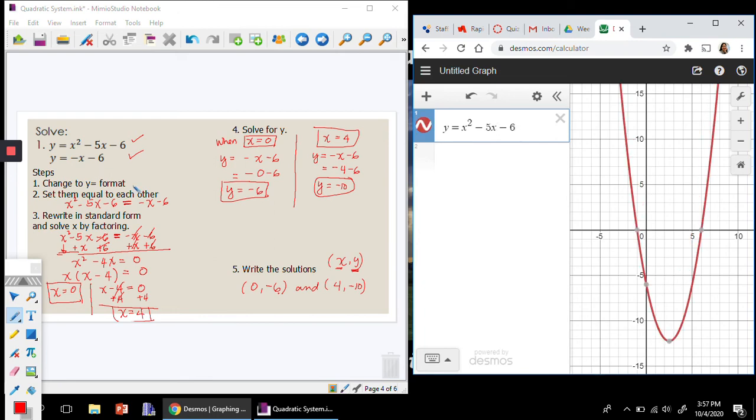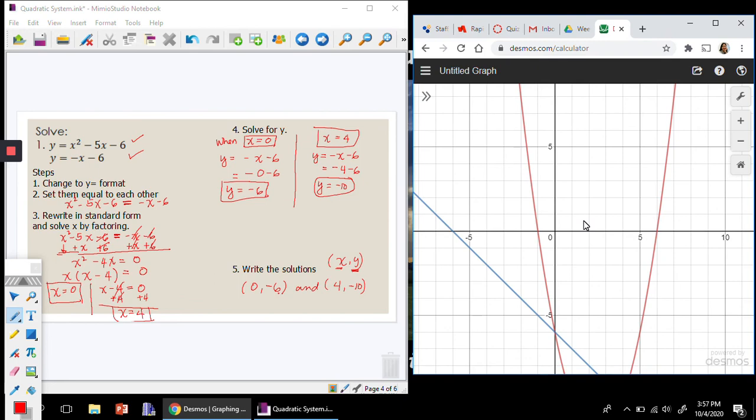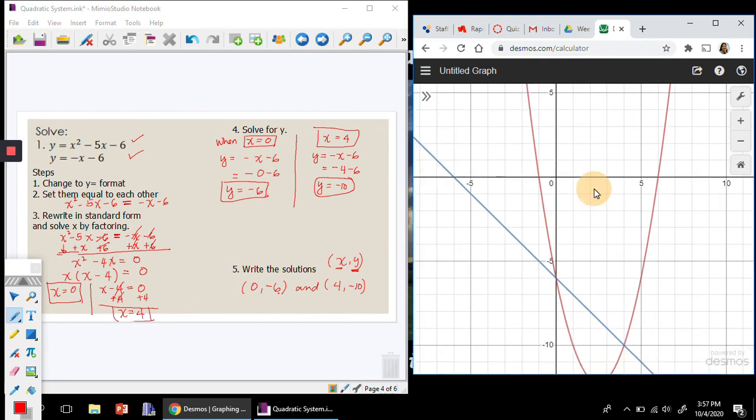So you already have the quadratic equation, right? And then get another box, and then you graph y equals negative x minus 6. Okay, so you have here the parabola and a line, for the graph of a linear equation is a straight line.